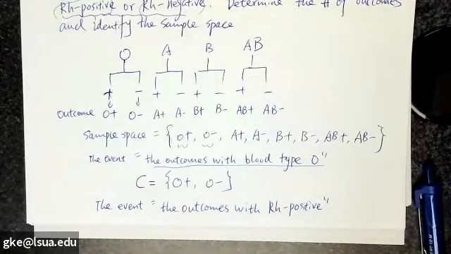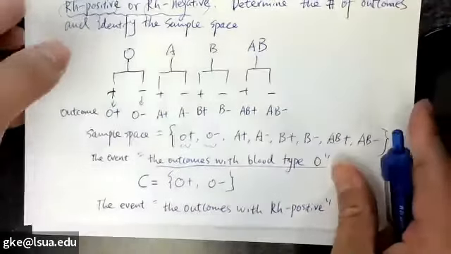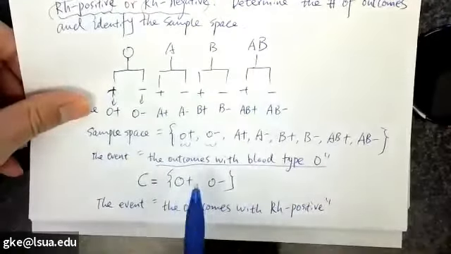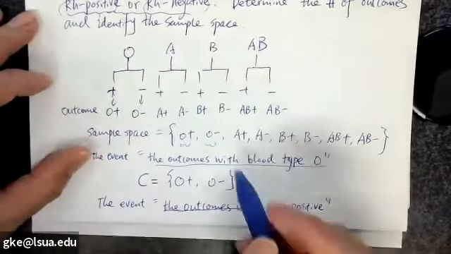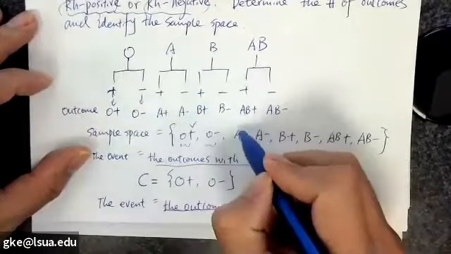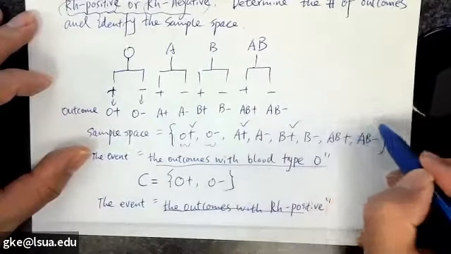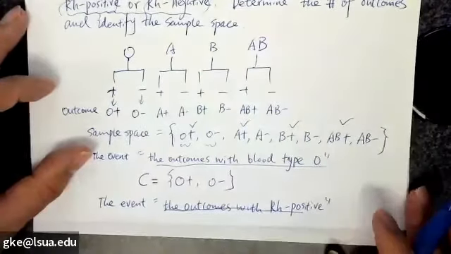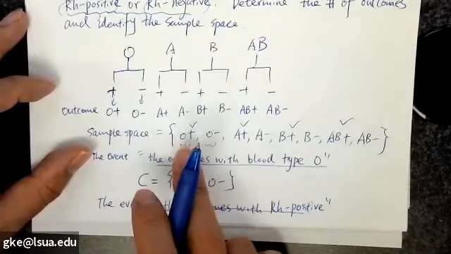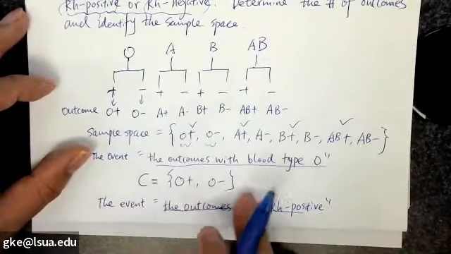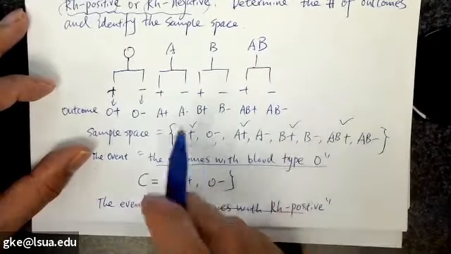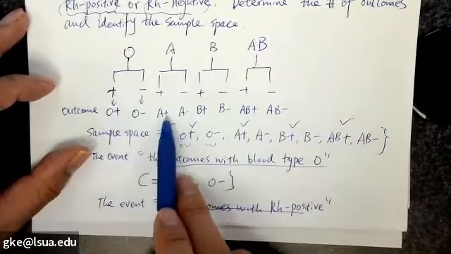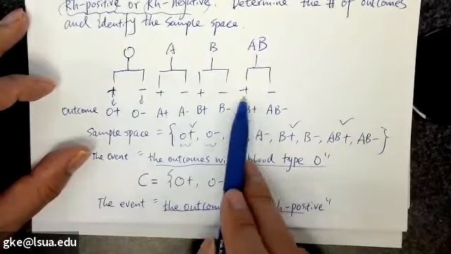Okay, so let me write down the answer. To satisfy this event, the outcomes with RH positive, that means which ones? Positive, positive, positive, positive, right? So we just pick the outcomes that satisfy this event: O plus, A plus, B plus, or AB plus. Or you can pick them from here: O plus, A plus, B plus, AB plus.